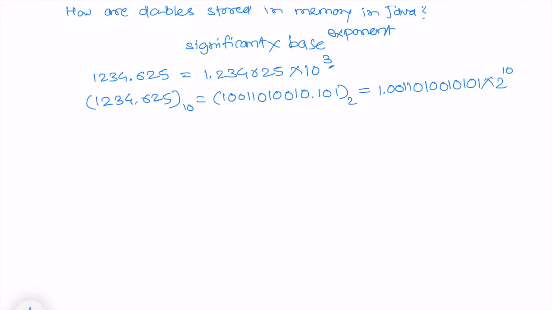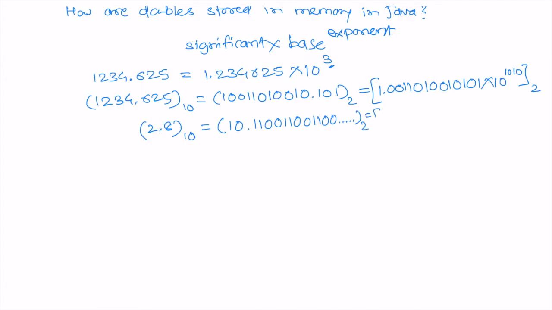Now let's convert this part into binary. 2 in binary becomes 10, and 10 in binary becomes 1010. Now let's convert 2.8 from decimal to binary. In binary, this becomes 10.110011001100, and this goes on.